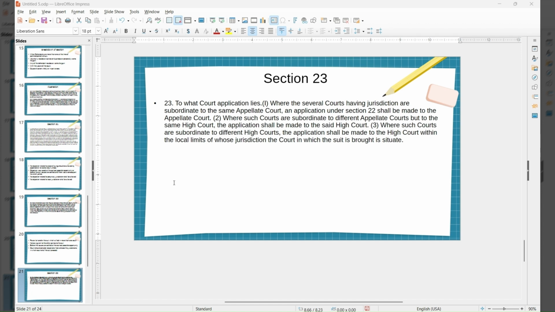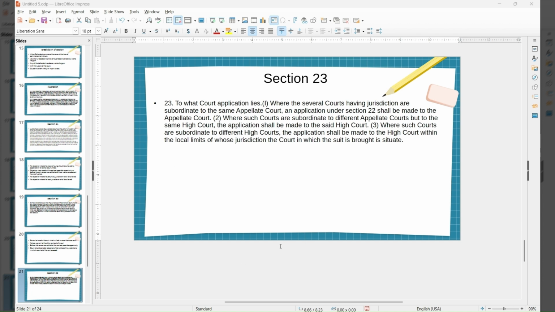These courts are subordinate to the district court. In that case, where should the application for transfer be made? The application for transfer of the suit should be made to the district court. This is what the first condition talks about.